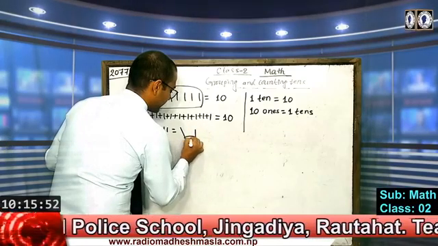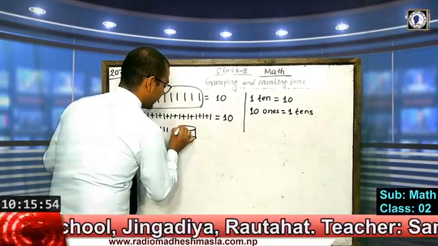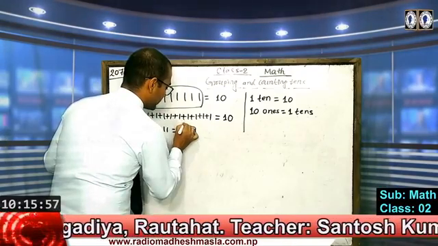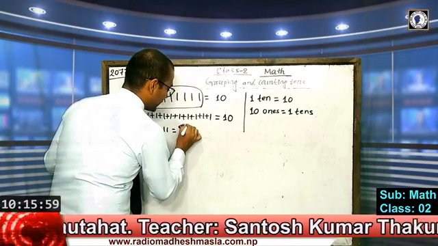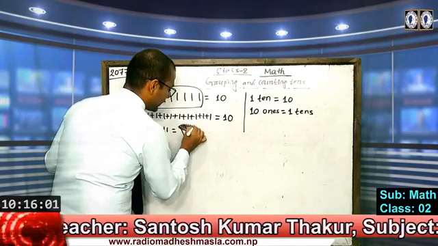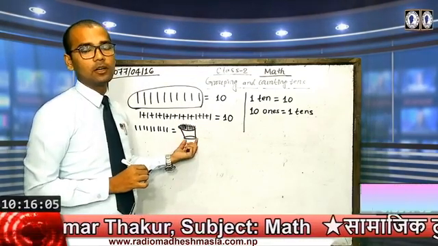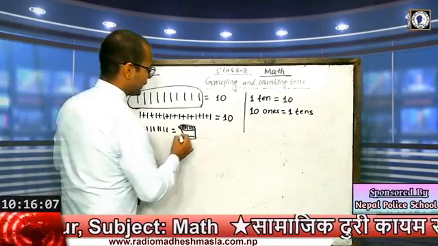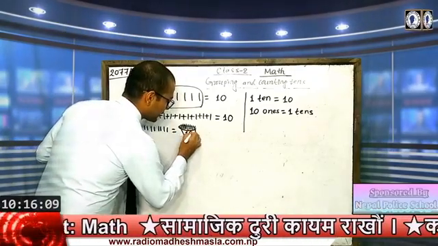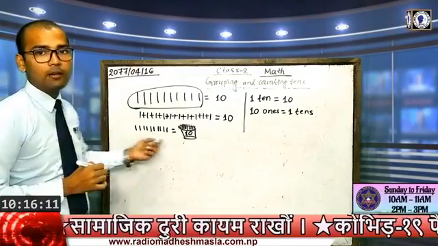A bucket of pencils. That is 1 pencil, 2, 3, 4, 5, 6, 7, 8, 9, 10. This is a bunch of pencils. This is a group of pencils, which contains how many pencils? 10 pencils.